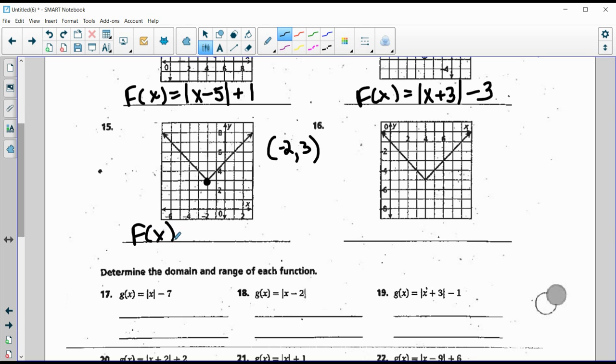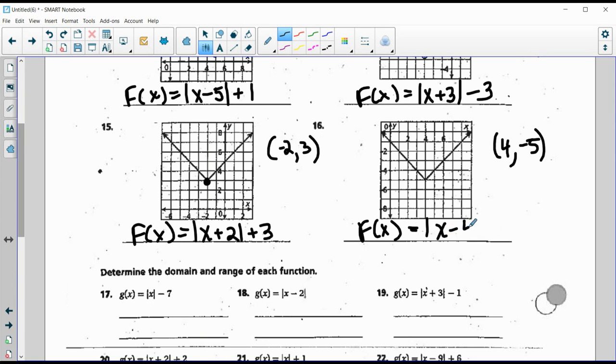So inside the absolute value, opposite of h, outside the absolute value is k. And for this one, it's 4, -5. So again, inside the absolute value is opposite of h. Oops, that's a parenthesis.